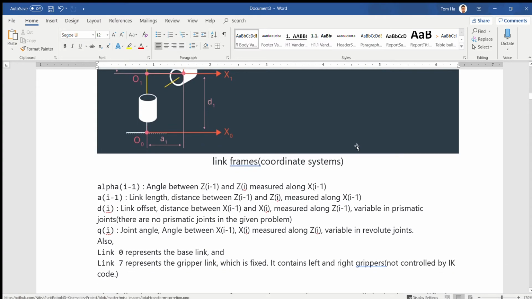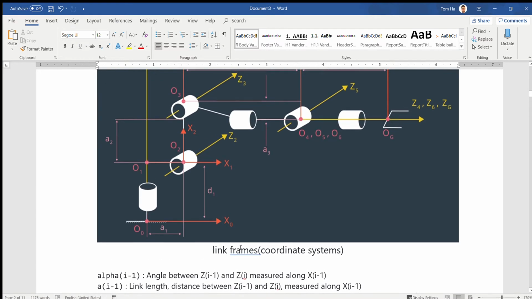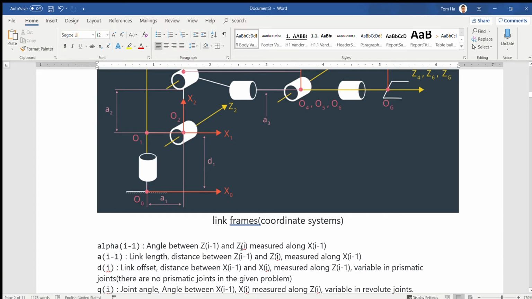Okay, that's alpha. And A means the distance between the Z i minus 1 to Zi. For example, right here is for the A1. How do you know the A1?